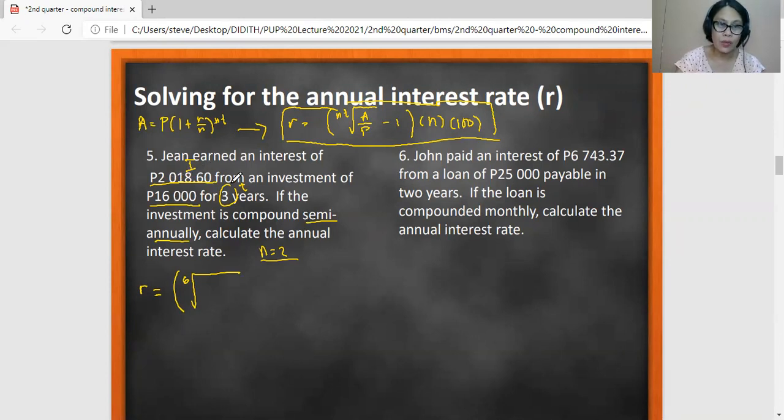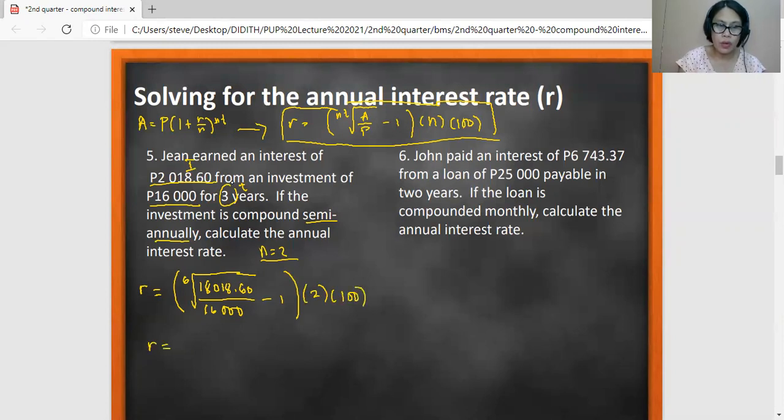So that's your A. So we have 18,018.60 all over the principal amount 16,000, minus 1, times the compounding period 2, times 100.